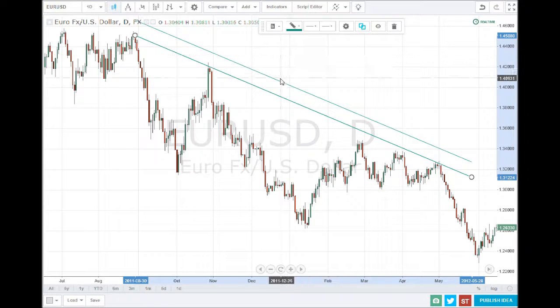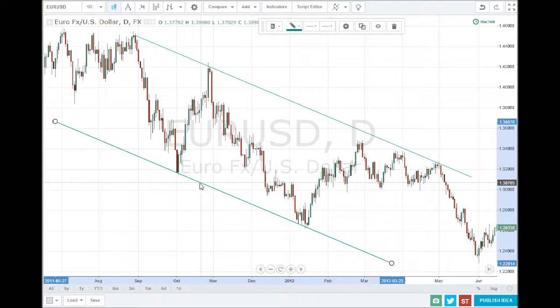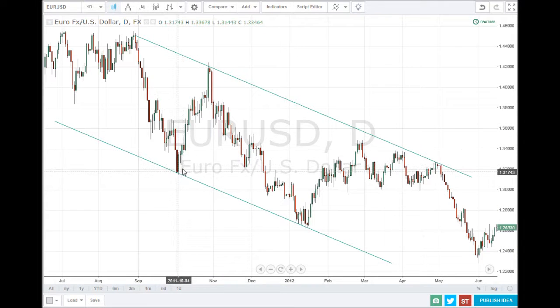If we duplicate the line and join it onto our first low, we have a pin bar followed by an engulfing candle, and price moves on the upside.